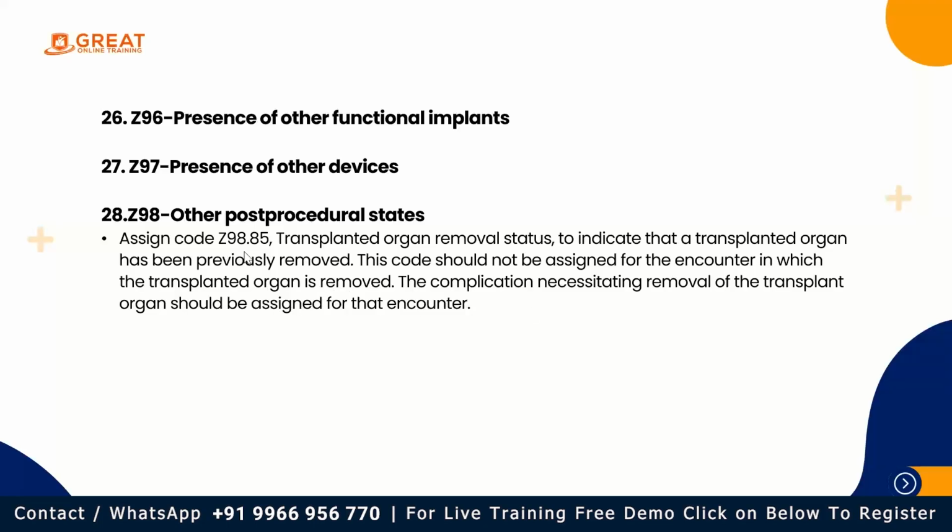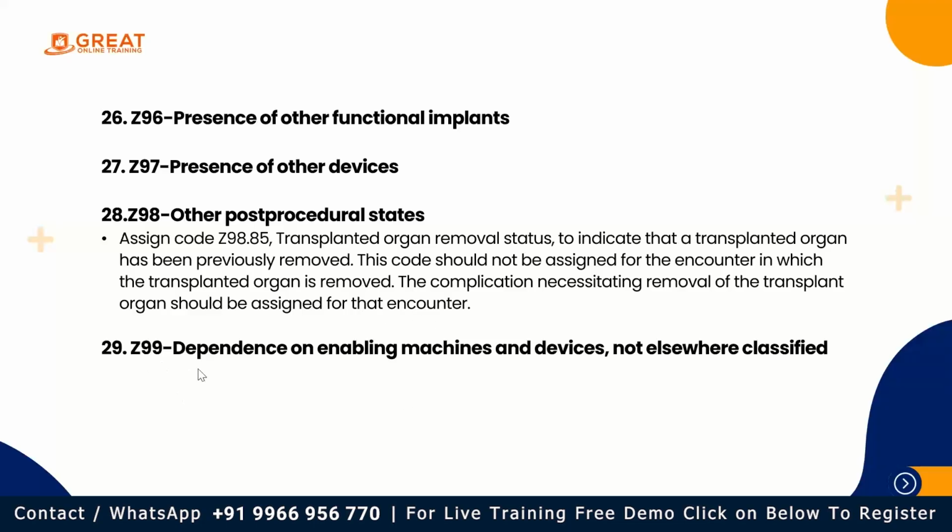We have to use Z98.85 to indicate transplanted organ removal status. The complications necessitating removal of transplanted organs should be assigned for that encounter. Z99 is for dependence on enabling machines and devices, not elsewhere classified.